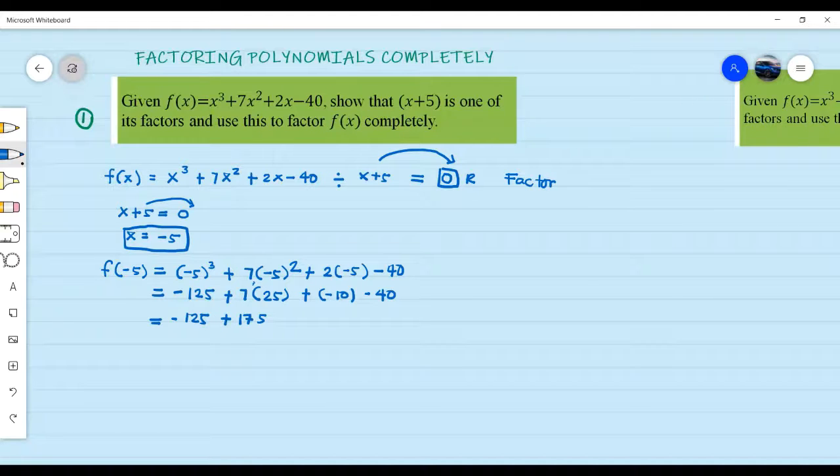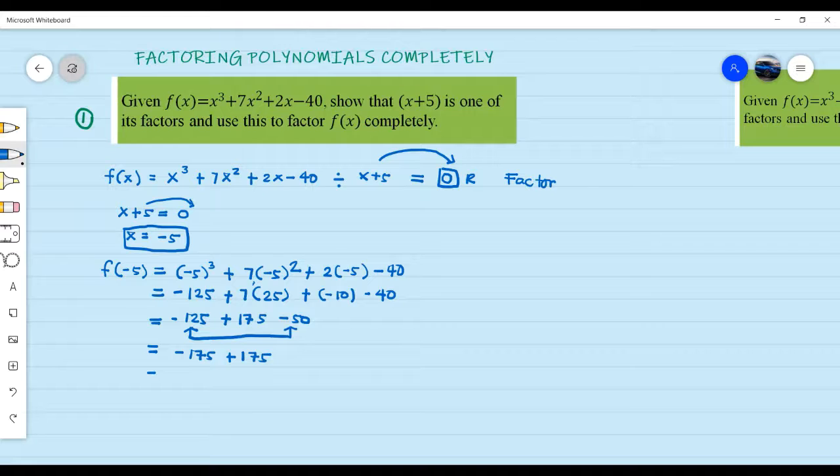And then if you combine this one, this is negative 50. To simplify it further, for me, it's easier to combine the integers. Negative 125 and negative 50 is negative 175. And then plus 175.